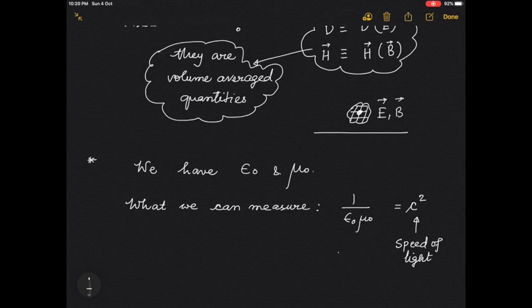So this has a dimension of LT minus 2, which is the dimension of speed. So epsilon naught times mu naught has a dimension of L minus 2 T 2, and that's what you can measure. These quantities separately cannot be measured.